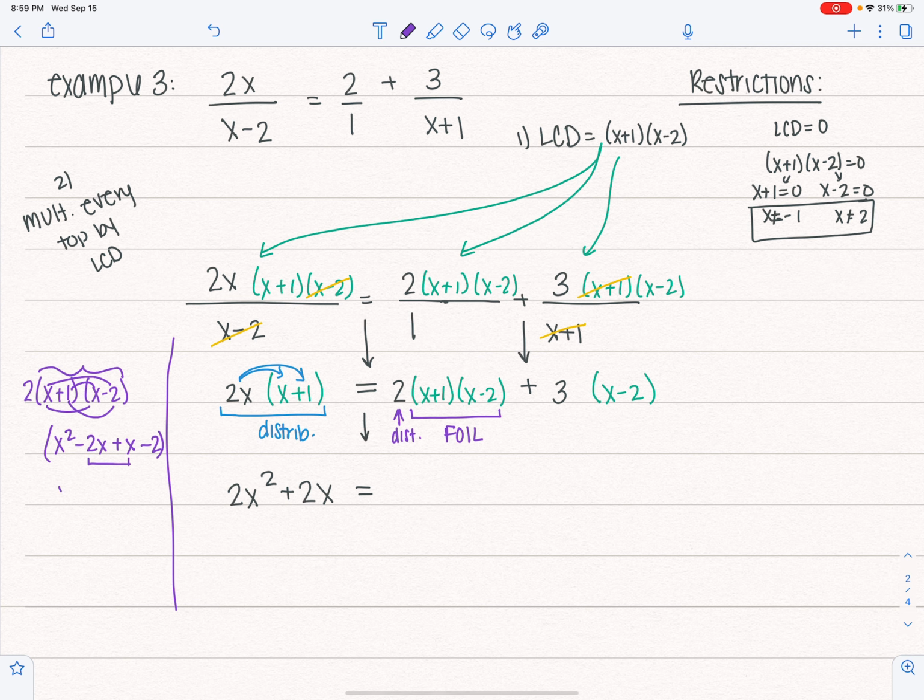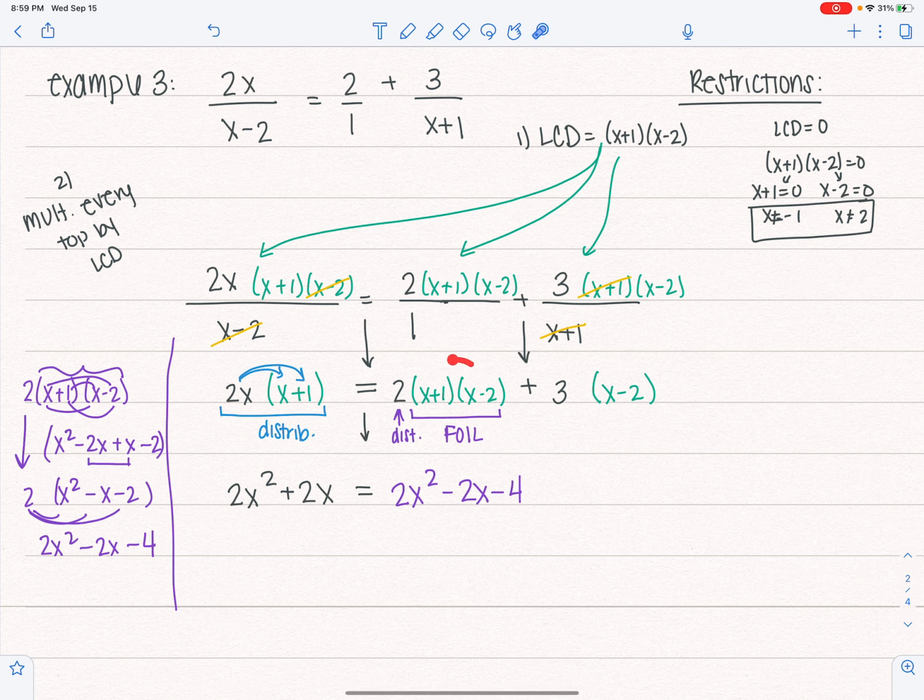Combine like terms. So I'm just doing normal FOIL. Now from here, I need to distribute that 2 after I've done all the FOILing. So I'm going to distribute that and get 2x squared minus 2x minus 4. And that is what's going to go in place of all of that.